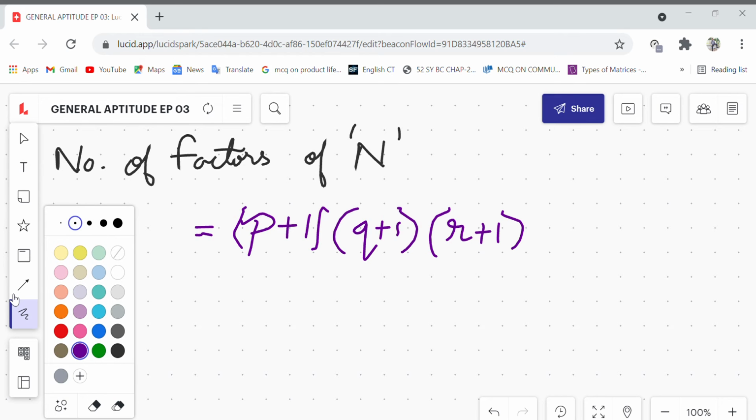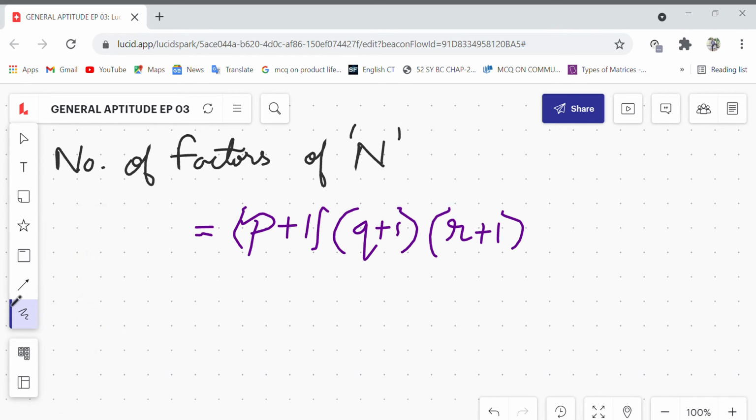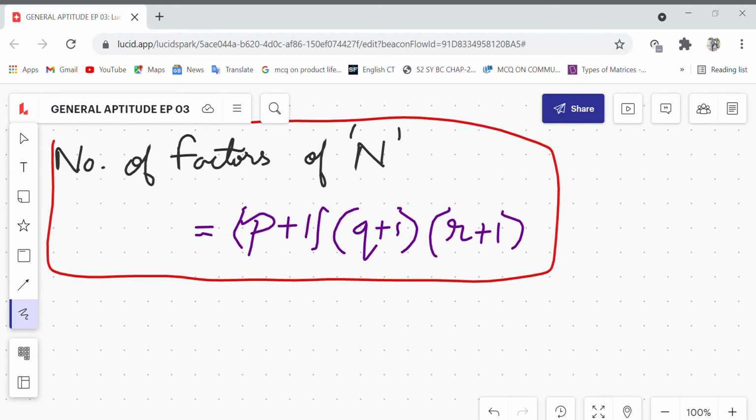So the number of factors, if in any question it is asking about find the number of factors of this number, you need to add 1 to their positive integers and you have to multiply all of them. Means p plus 1 into q plus 1 into r plus 1. Done.